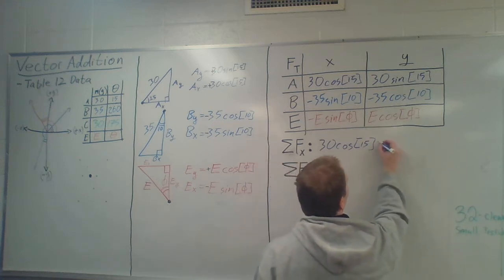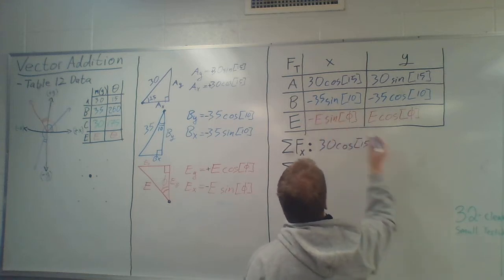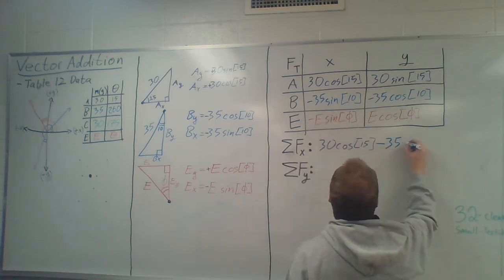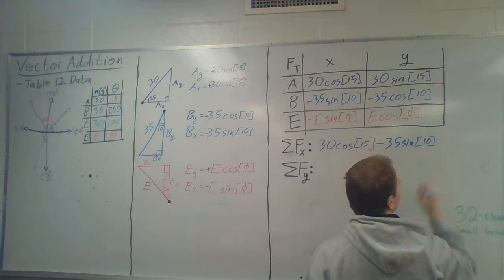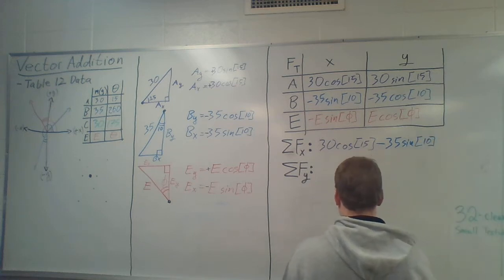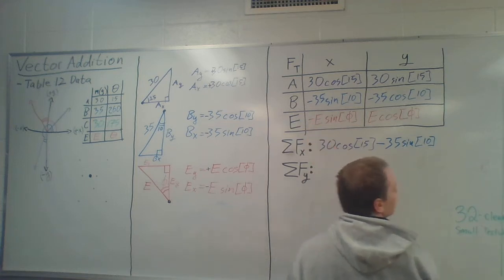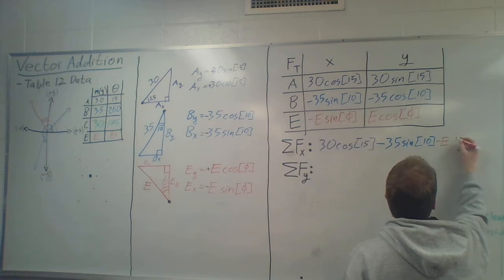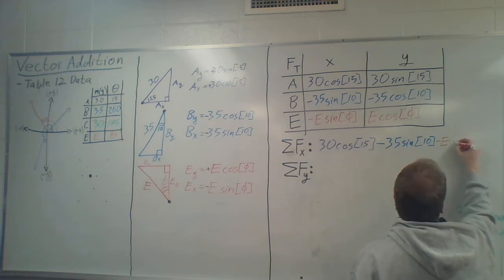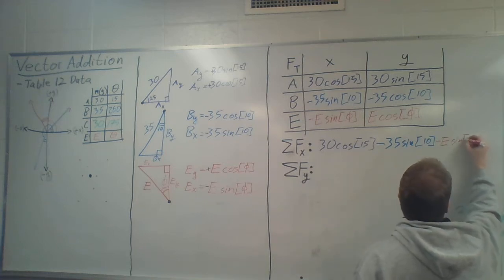So we're just going to go minus 35 sine of 10, minus E sine of phi.